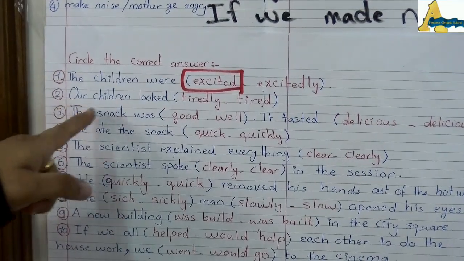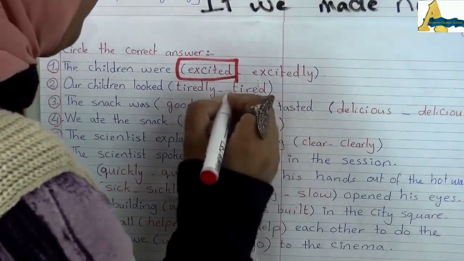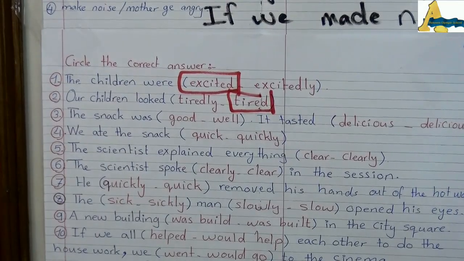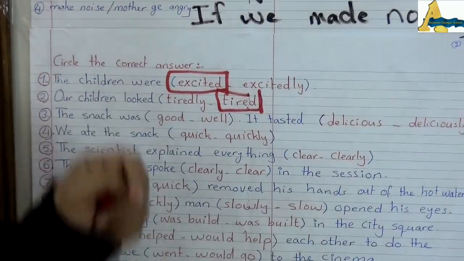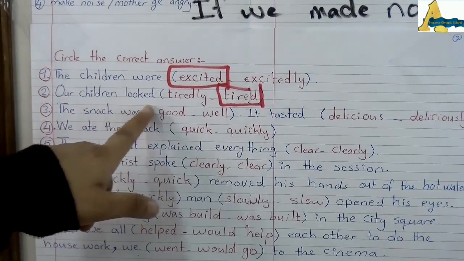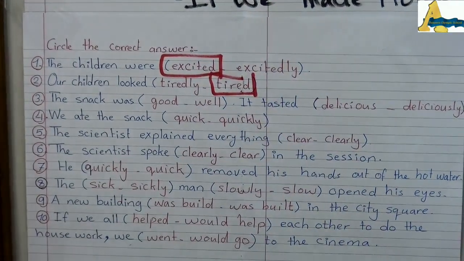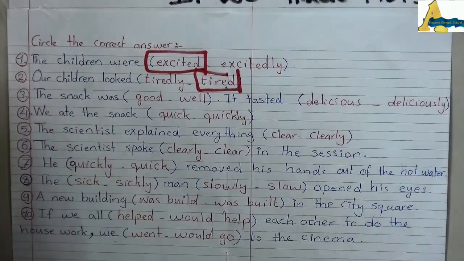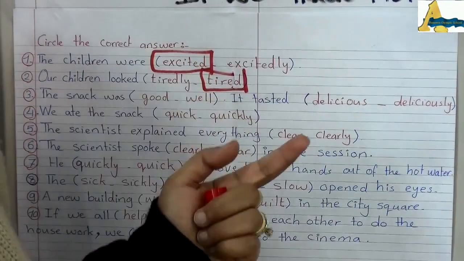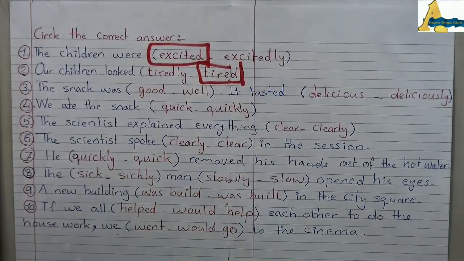Number 2, our children looked tired. Why? Because here, look is a sense verb. And after the sense verb, we follow the sense verb with an adjective, not an adverb. So the sense verbs like look, taste, smell, we will follow them with the adjectives.